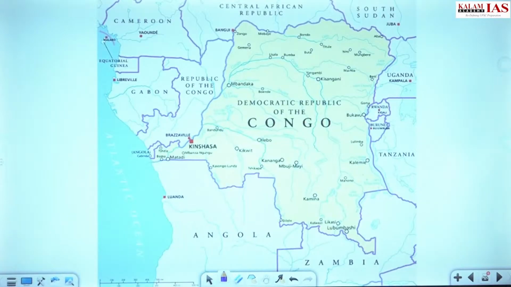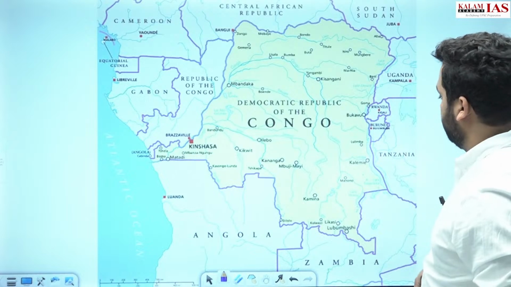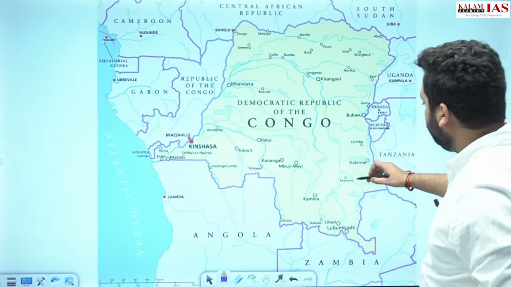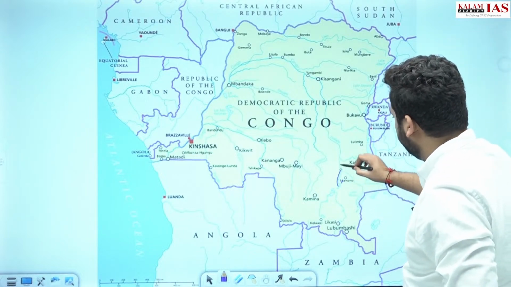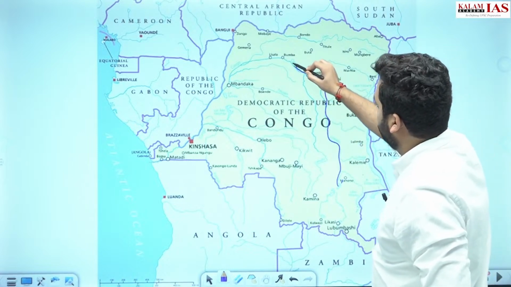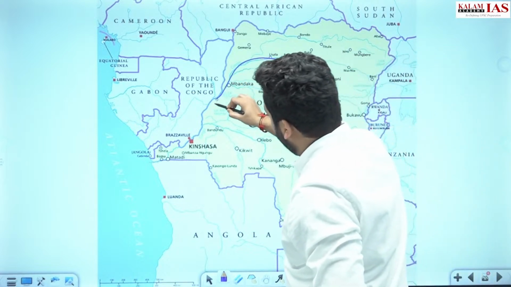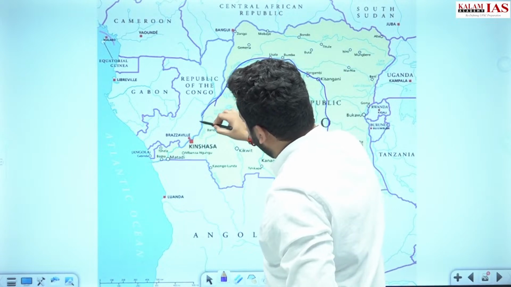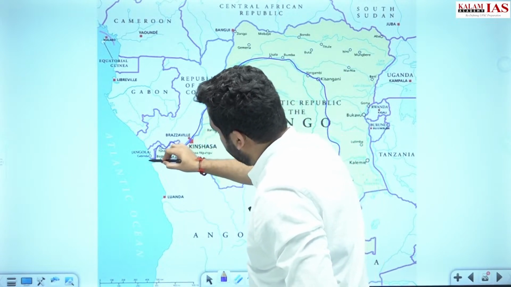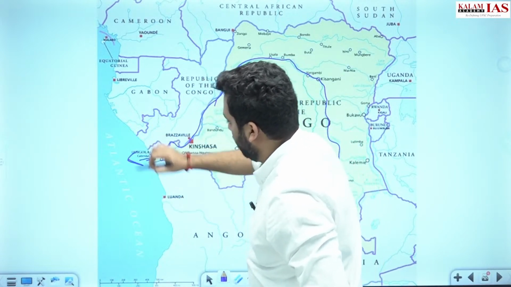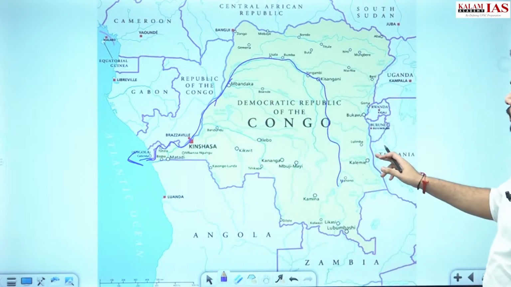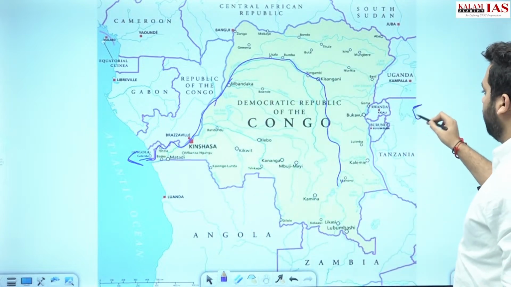Draw this. So this is the Congo River, also draining out, cutting the equator twice.